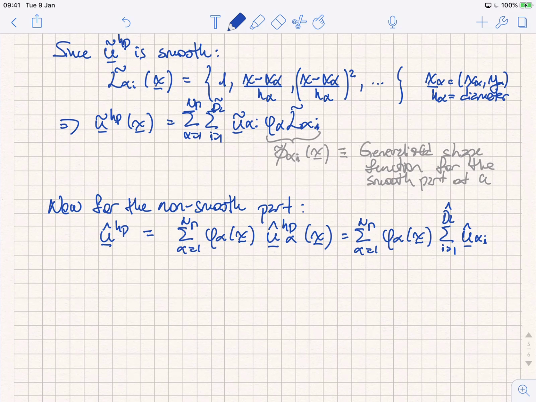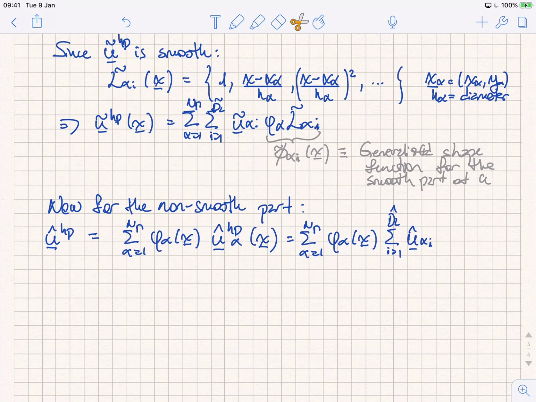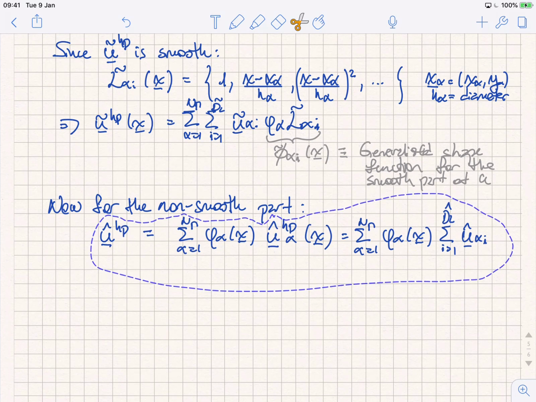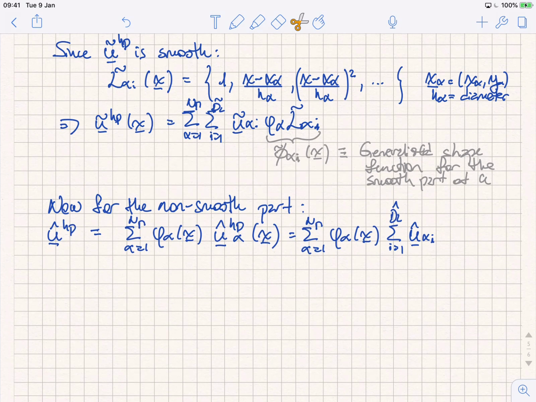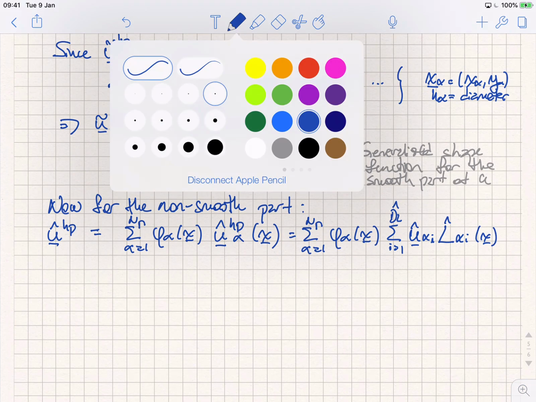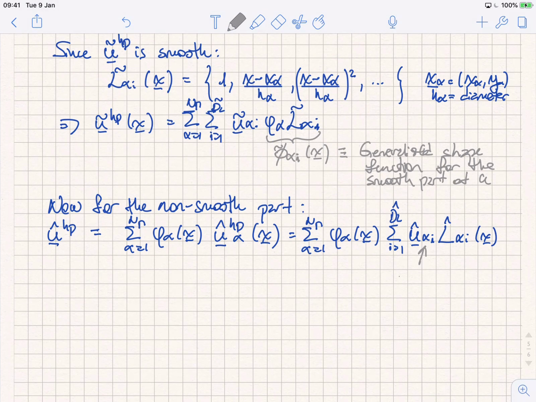This is now my generalized degrees of freedom for the non-smooth part. And then I have my enrichment functions that are going to be non-smooth. So again, this here represents the enriched DOF, and this here is my enrichment.